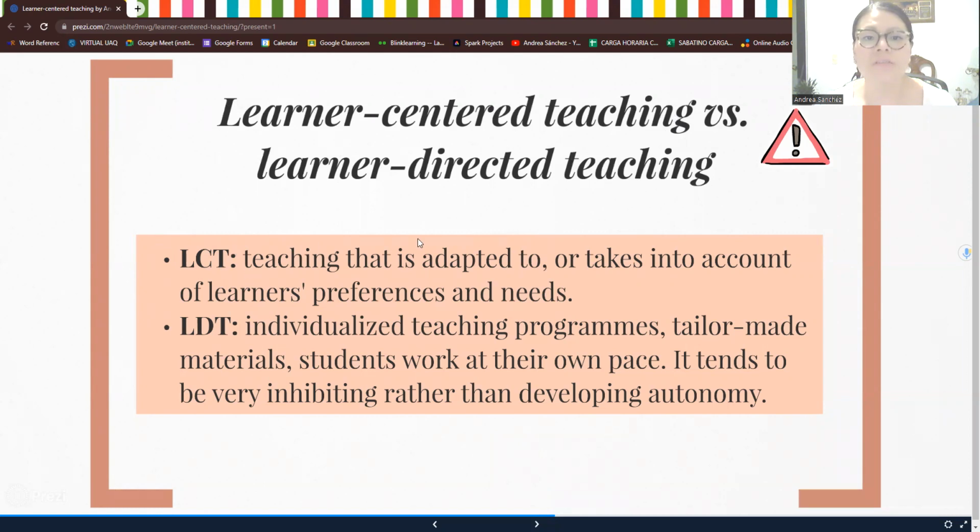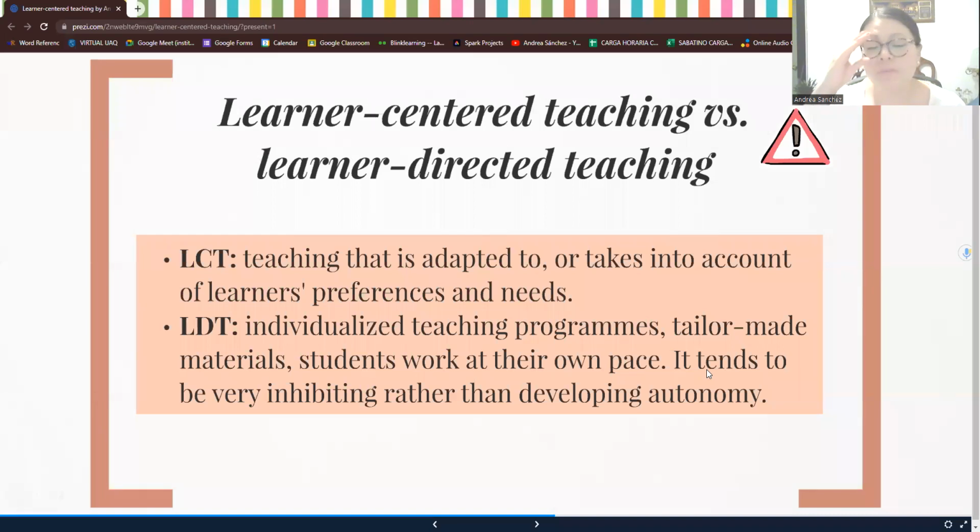Learner-centered teaching is a teaching that is adapted to or takes into account learners' preferences and needs, while learner-directed teaching, the second one, is individualized teaching programs, tailor-made materials. Students work at their own pace. For example, as I was saying, students work at their own pace.